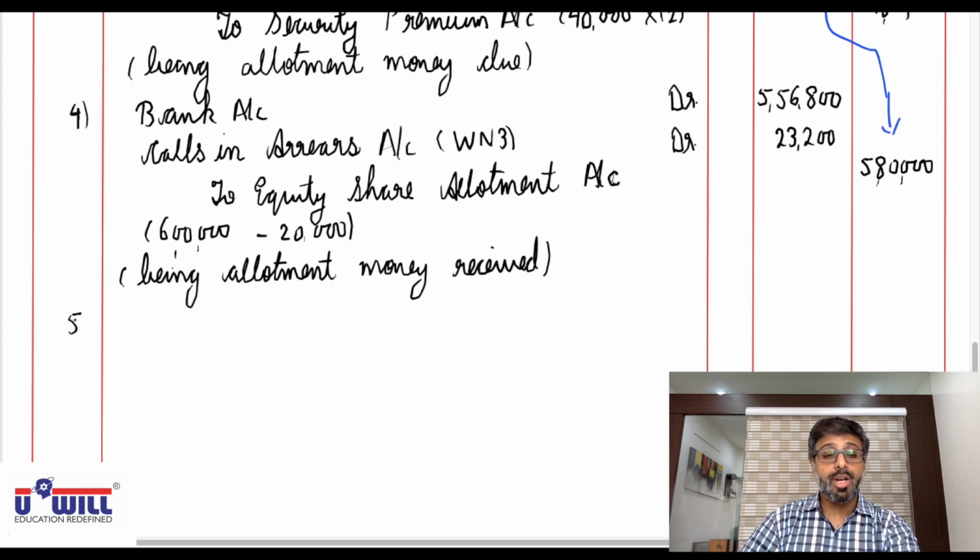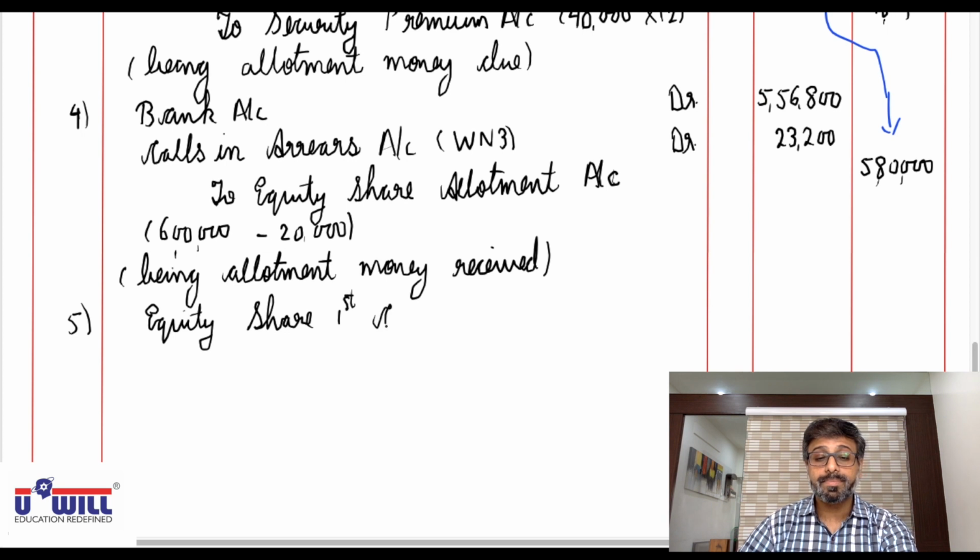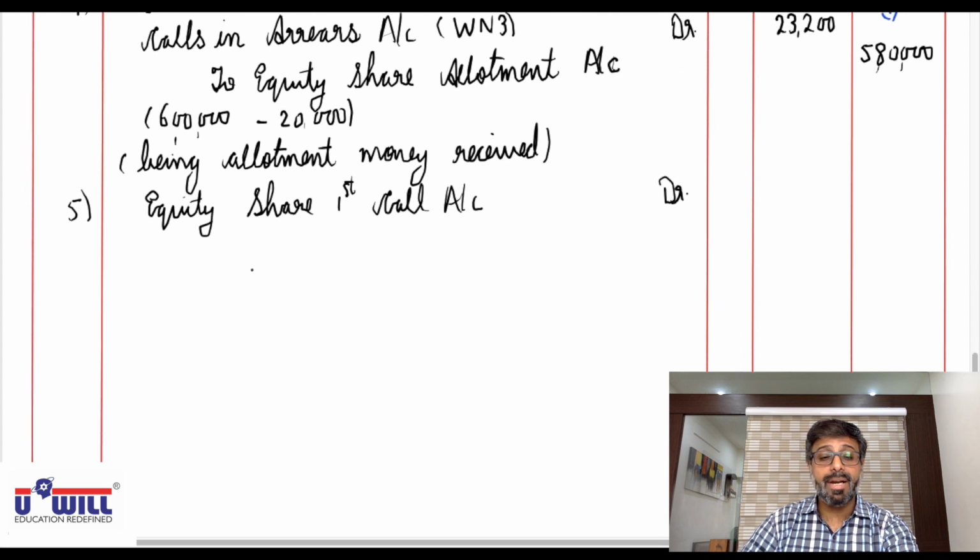Now two entries of allotment are done, two entries of first call. Equity share first call account debit to equity share capital account.